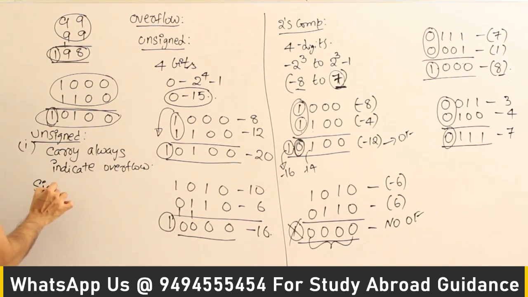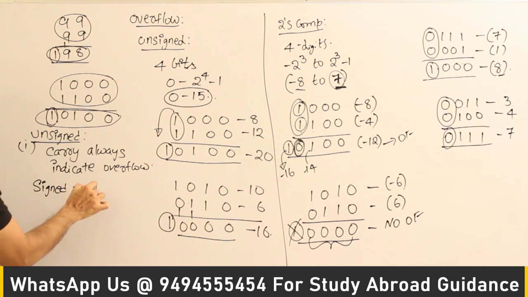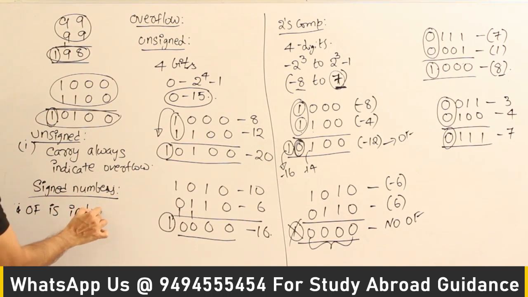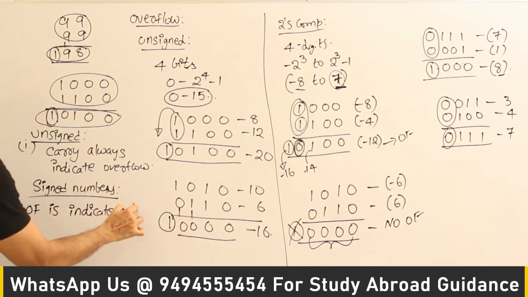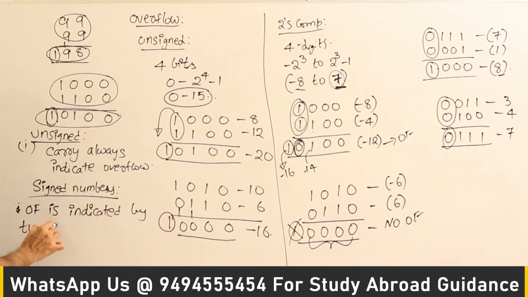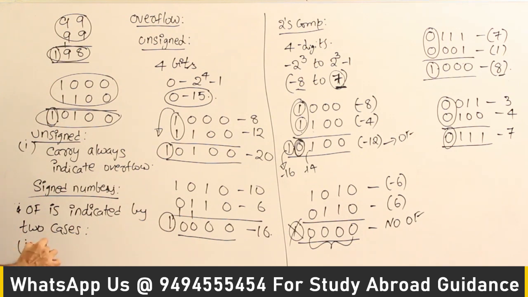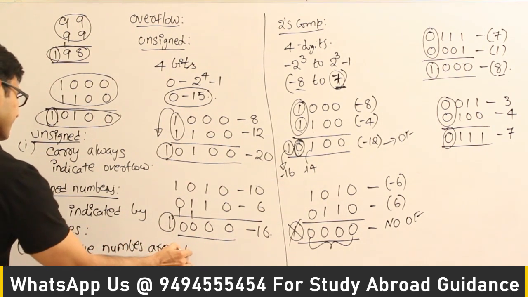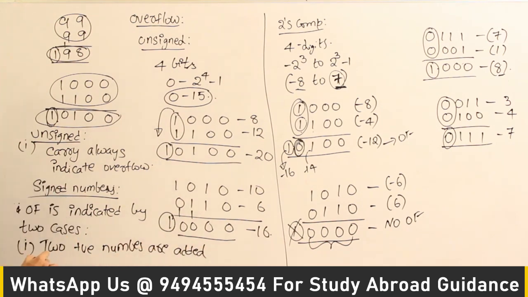In signed numbers, overflow is indicated by two cases. What are the two cases in which overflow is indicated? Case number 1 is when two positive numbers are added, then the result is negative.